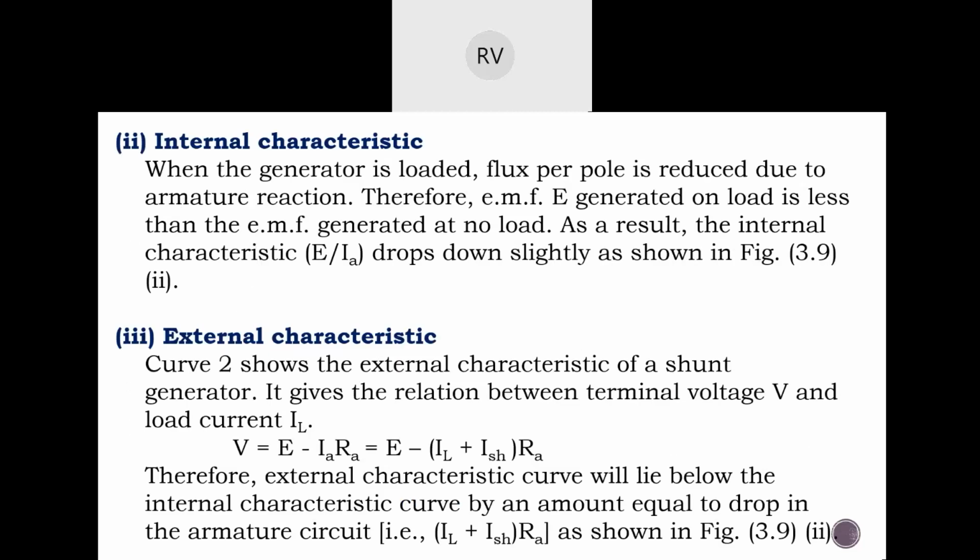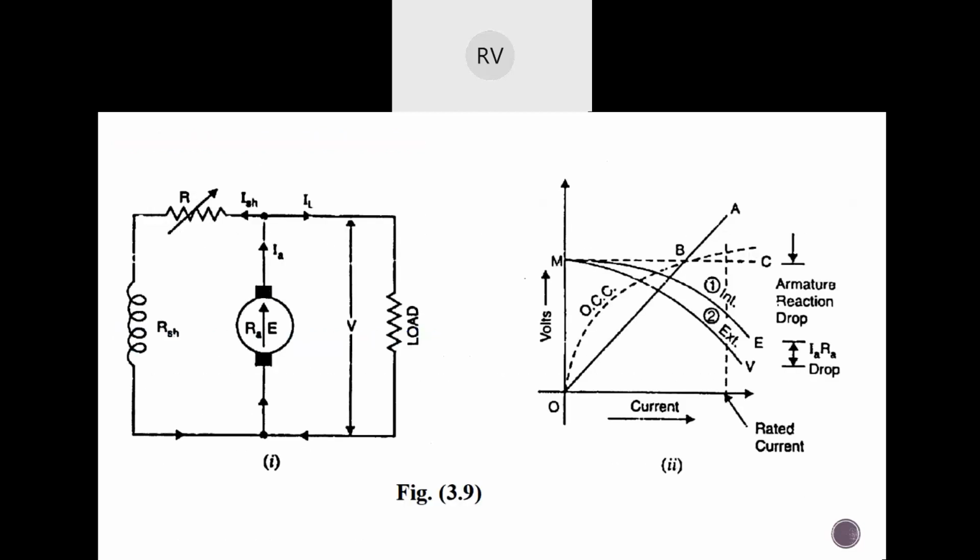Now we are going to see the internal characteristics. When the generator is loaded, flux per pole is reduced due to the armature reaction. This we know, right? Therefore, the EMF generated on load is less than the EMF generated at no load. Here you can see we have this OCC, and then this internal characteristics, and the difference between the OCC and the internal characteristics gives us the armature reaction drop.